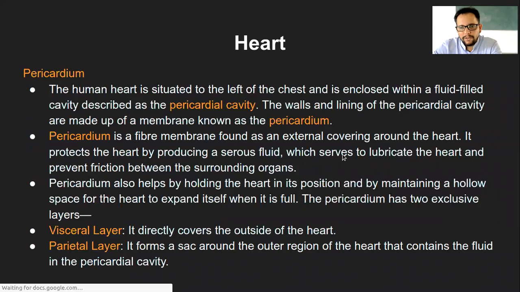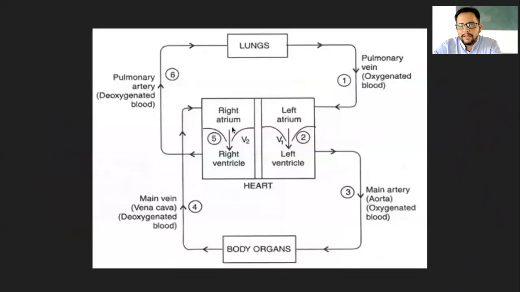Again, if I show you this in the diagram, forget about left and right ventricle. One of the ventricles is pushing the blood out towards the body organs, and the other ventricle is pushing the blood to the lungs. This way you can logically remember which ventricle is pushing what kind of blood and to where.